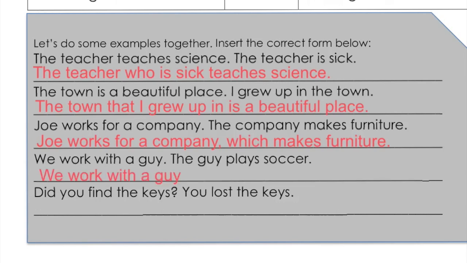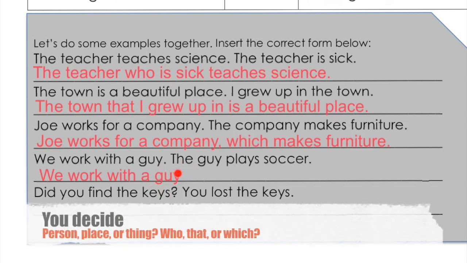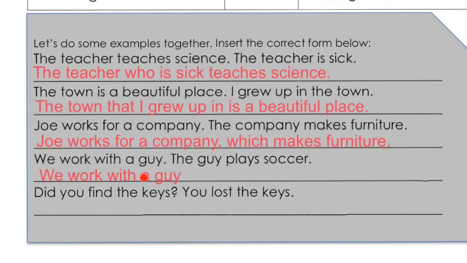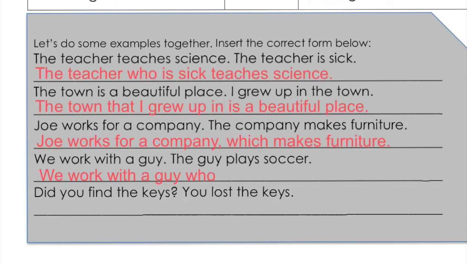So here we are, we work with a guy. Is a guy who, that, or which? Is it a person, place, or thing? I hope you're thinking a guy is a person. For this, is it a who, that, or which? The answer is who. So there we have, we work with a guy who.